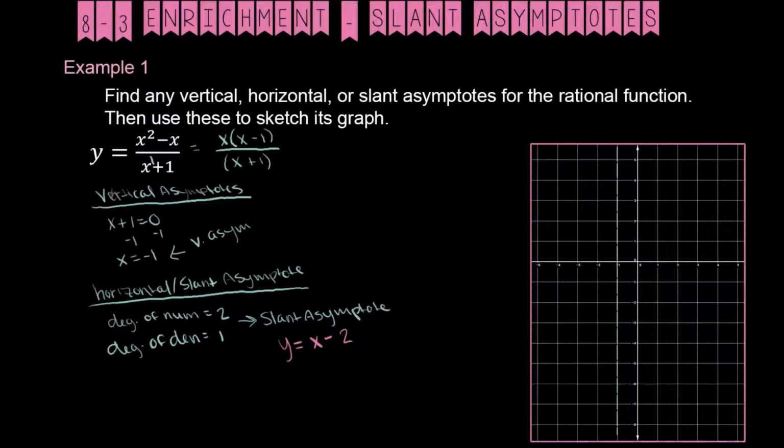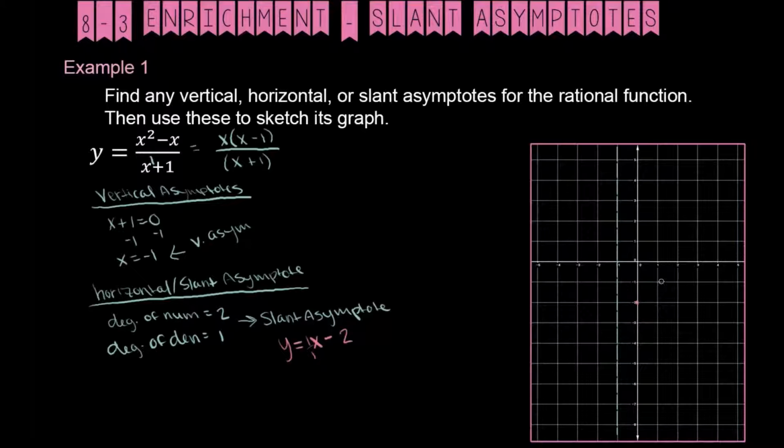And we can find our slant asymptote given this line. So this is just a linear equation. So this minus 2 tells me my y-intercept. So I'm down here at negative 2. And the slope here is 1 over 1, so I'm going to rise 1 and run 1.